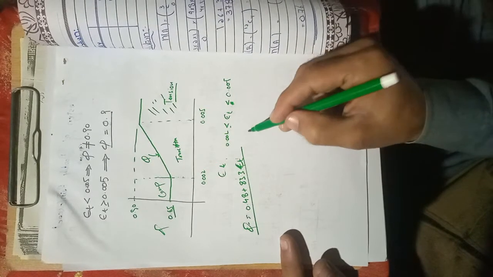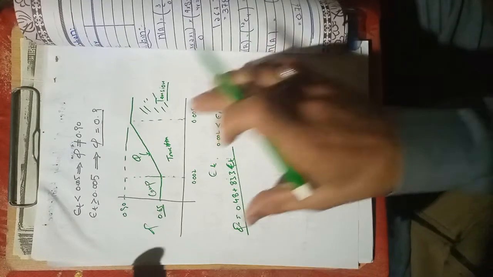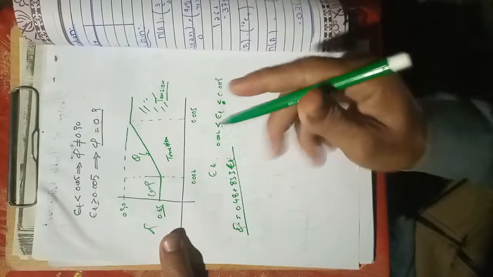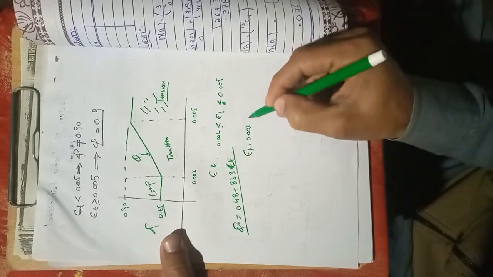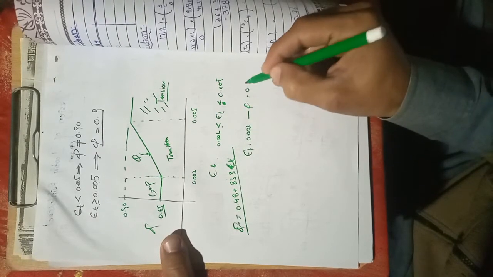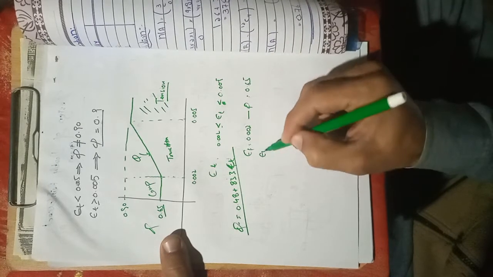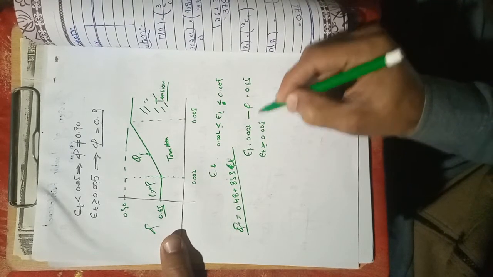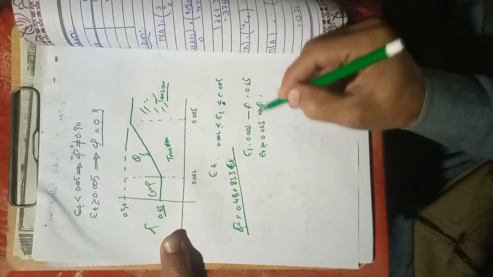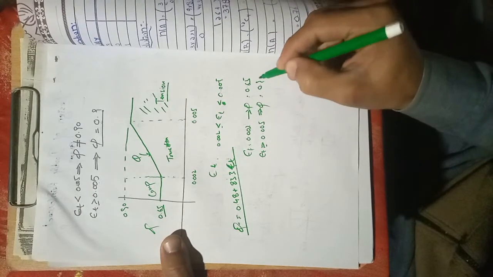So remember these conditions are very important, right? When your epsilon t value is 0.002, this means your phi value is 0.65. When epsilon t value is greater than or equal to 0.005, this means your phi value is 0.9.